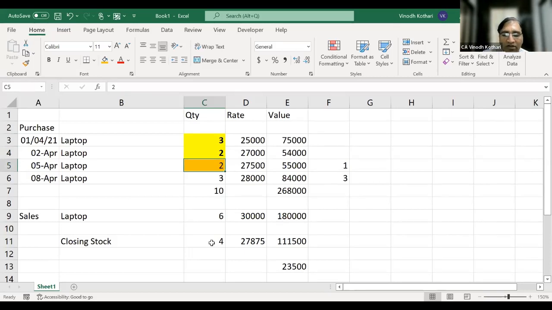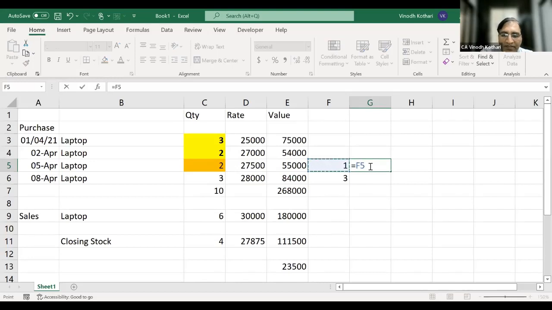So in my third purchase, 1 stock is pending. In my last purchase, all the stock is pending. To find out the closing stock value, I multiply my closing stock of the third purchase by the purchase value.